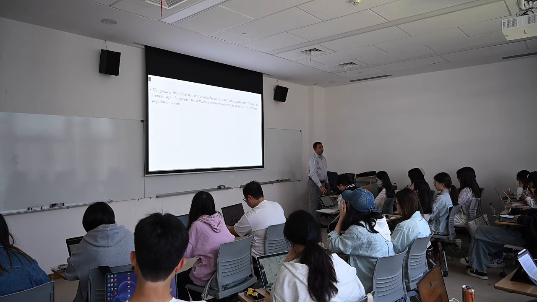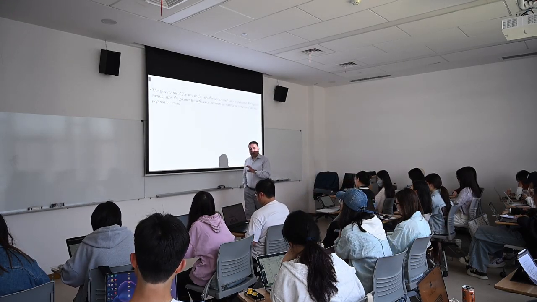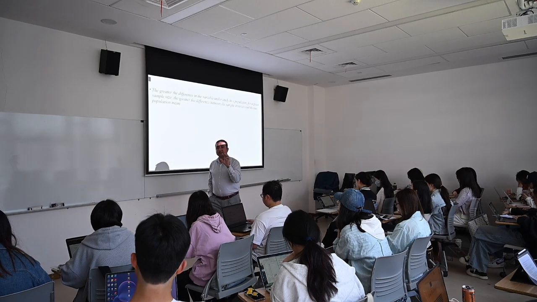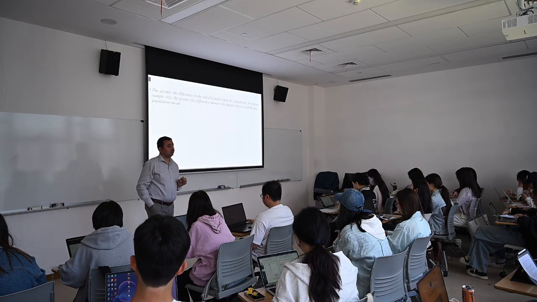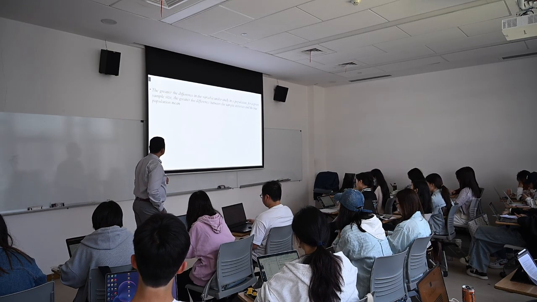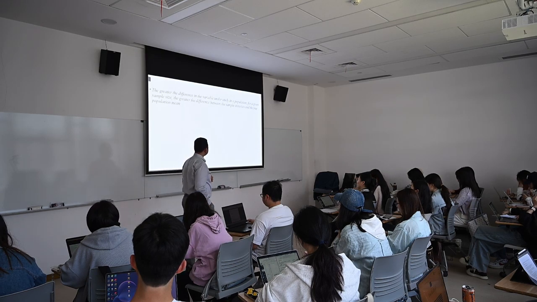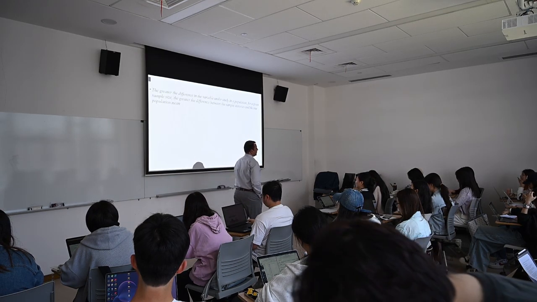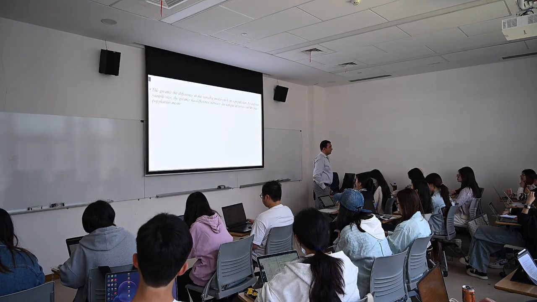Principle number 3. The third principle: the greater the differences in the characteristics of the variables, the greater the differences between the sample statistics and the true population mean. What does it mean?